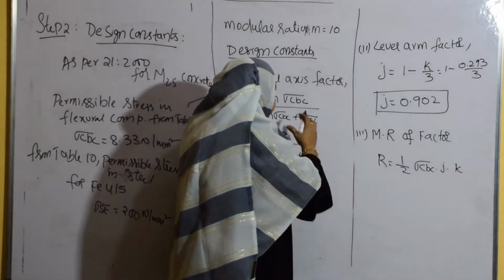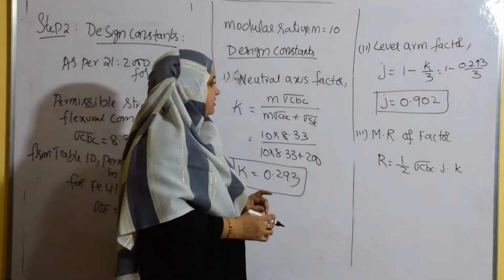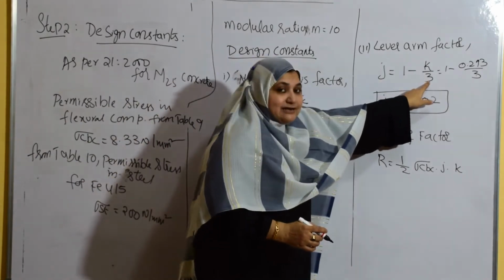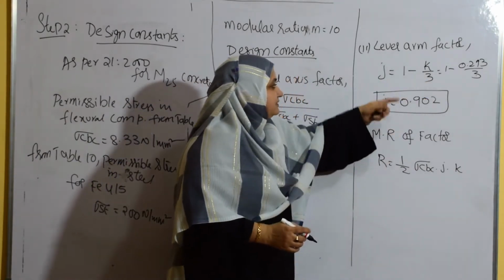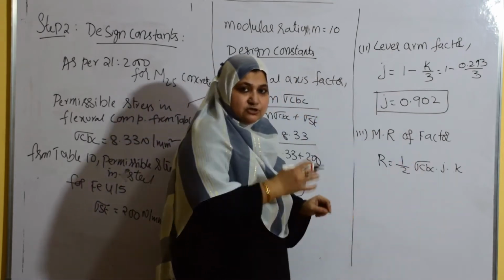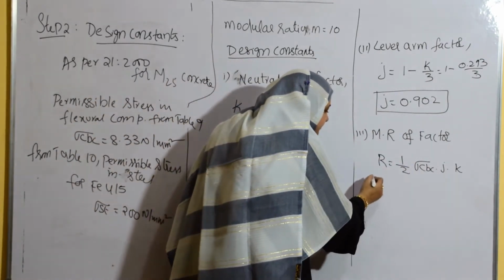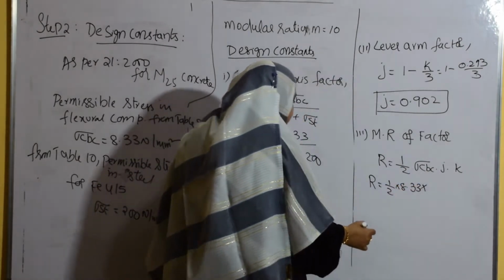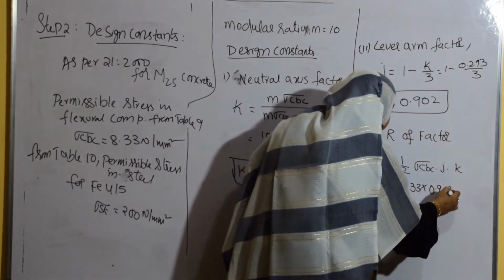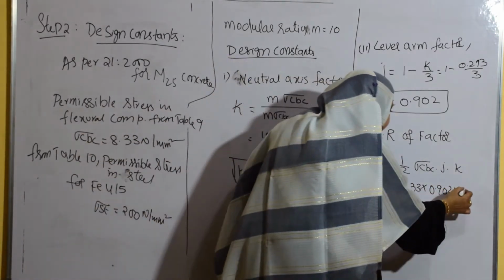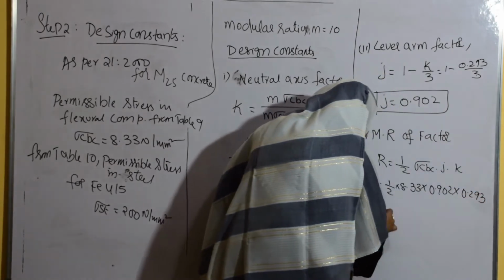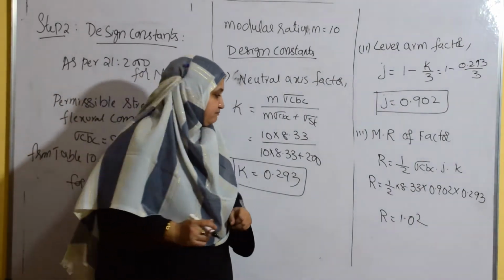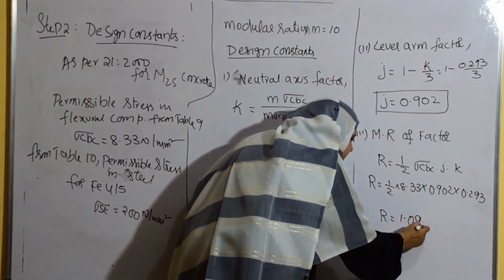You have to find these design constants in this order only, because this depends on stresses, and this depends on the earlier calculated constant, and this again depends on the earlier found constant. So you have to follow the same order. So R is equal to half into 8.33 into J value 0.902 and K value 0.293. This works out to be 1.092.